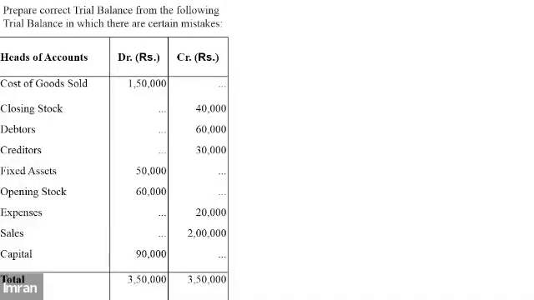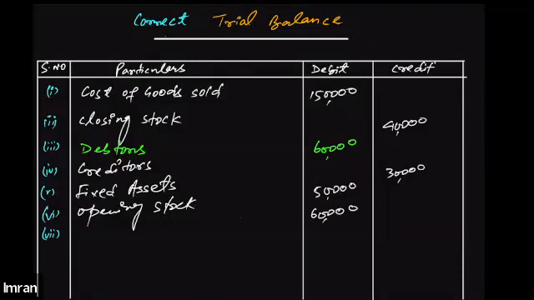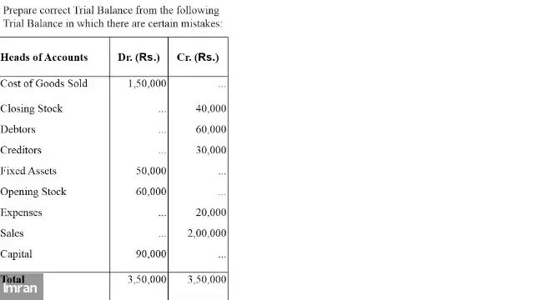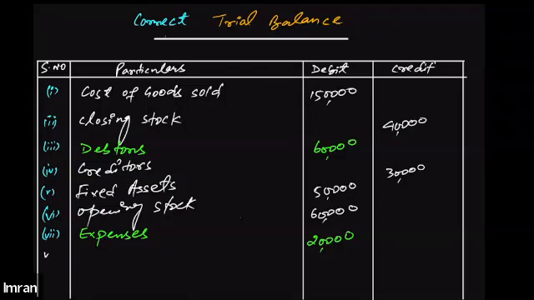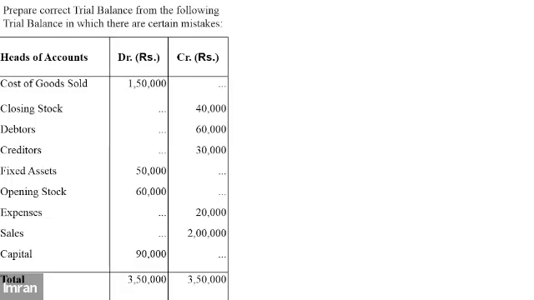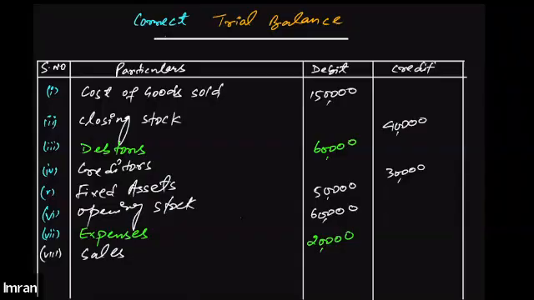Then expenses. Now expenses are given in the credit column. However, expenses always have a debit balance. So expense goes on the debit side. Then sales is given. Sales is a revenue, and revenue always has a credit balance, which is correctly given in the question. It has been recorded on the credit side itself, so there's no mistake in the sales value as well.